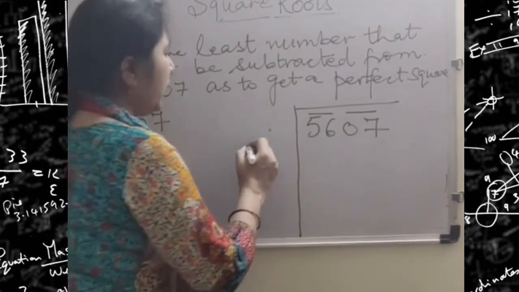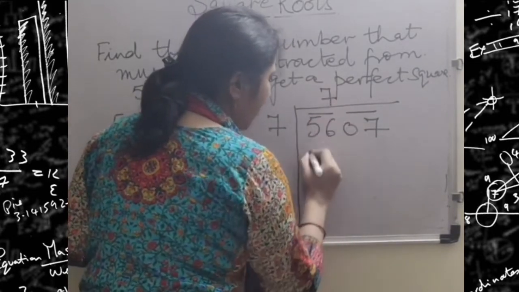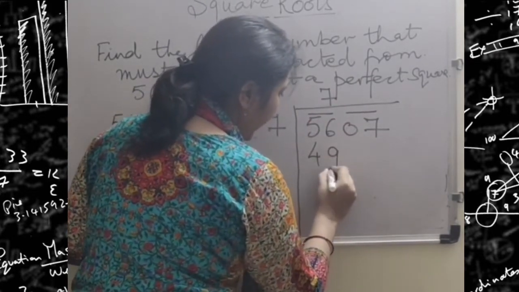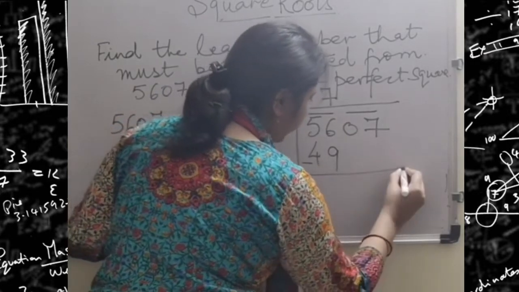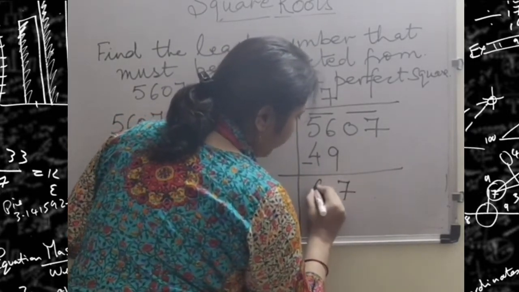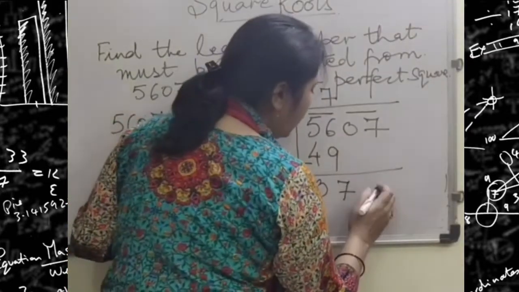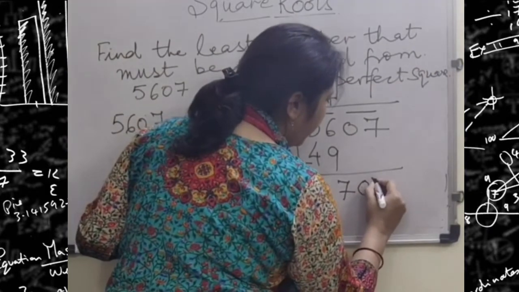So the only option left with you is 7 sevens are 49 and we perform subtraction. The remainder is 7. Now we bring down another pair, that is 07.